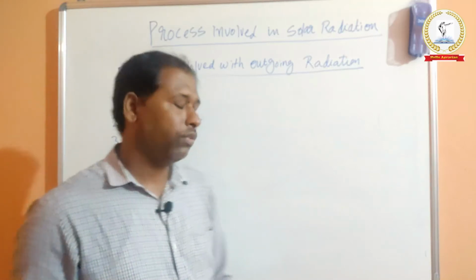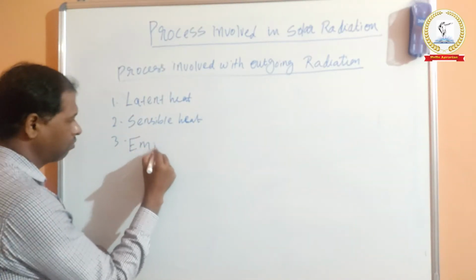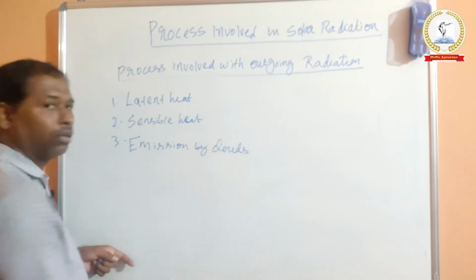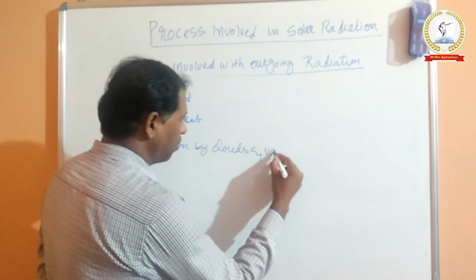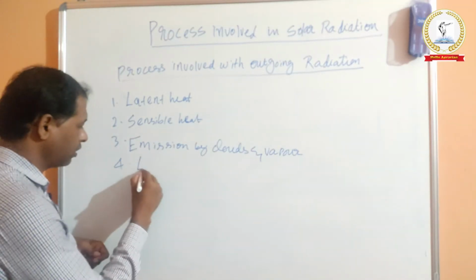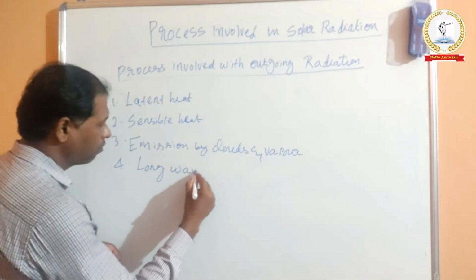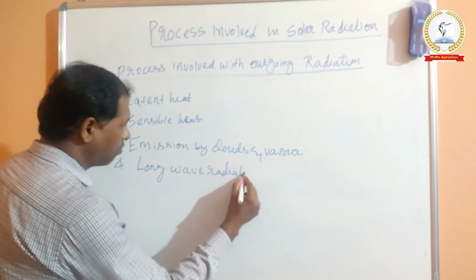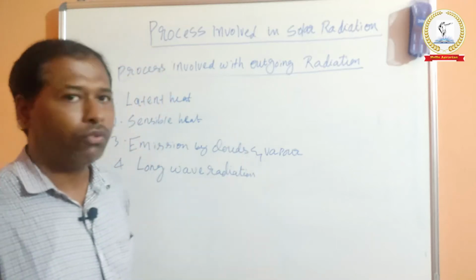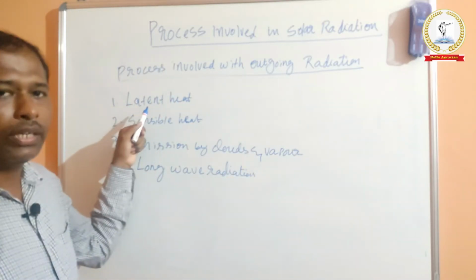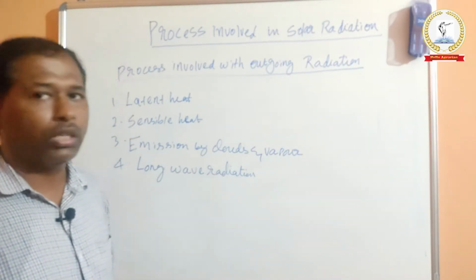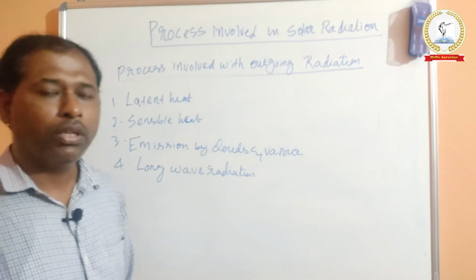First one is latent heat, second one is sensible heat, third one is emission by clouds and vapor, and fourth one is long wave radiation. So these are the 4 processes involved with outgoing radiation.